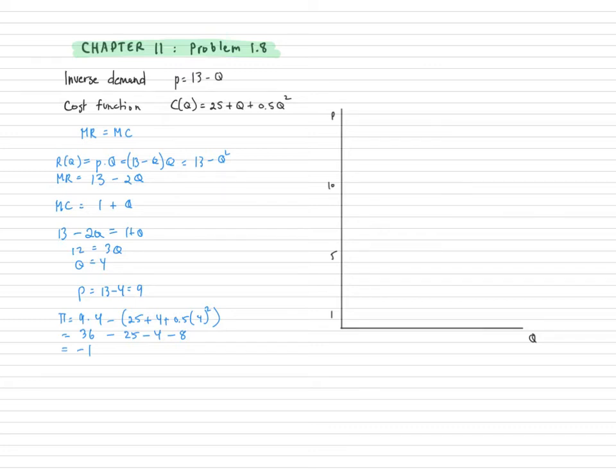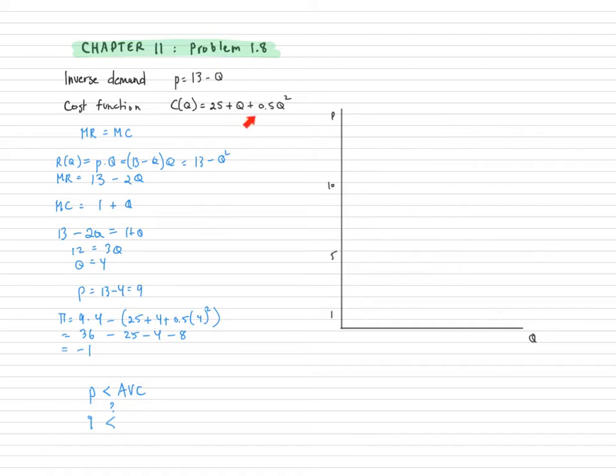Well, the answer to that question is the same for the monopoly as it is for a competitive firm. Namely, you should shut down if price is less than average variable cost. We know what the price is. It's equal to 9. And the question is, is that less than average variable cost?